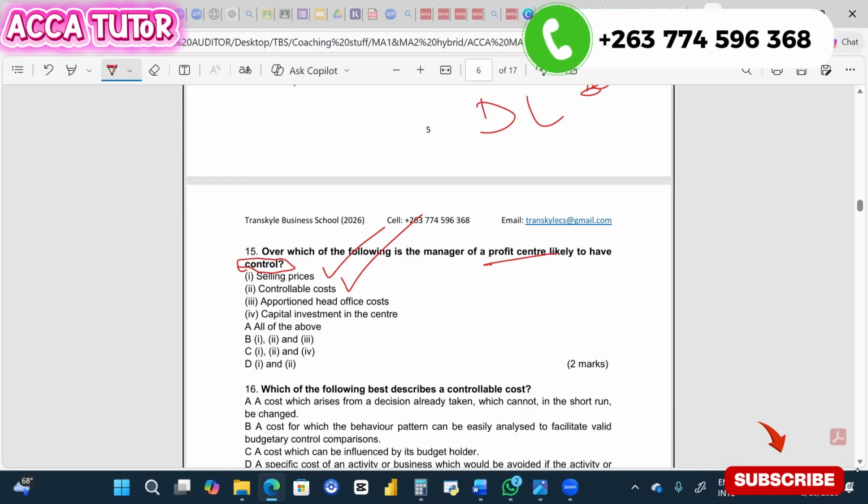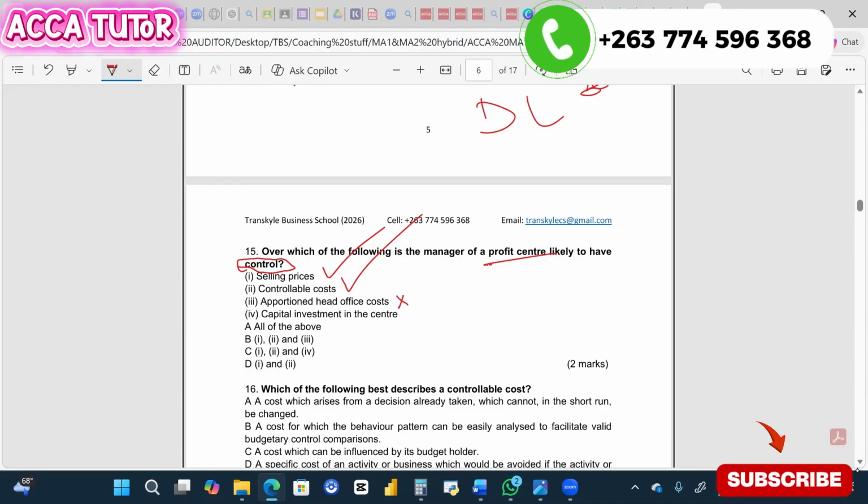For example, your branch could be instructed to pay 50,000 per month for the head office rent. Whether you like it or not, you have no control over that. So, like number two here, he doesn't have control over those apportioned head office costs because they're just thrown on him.